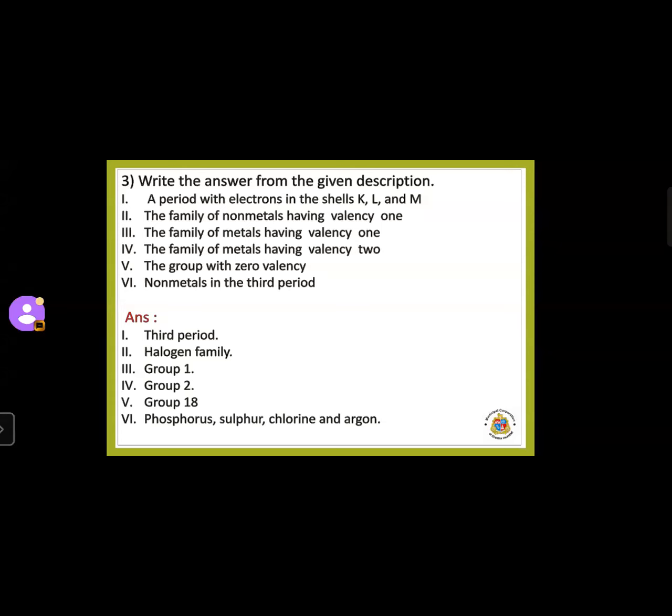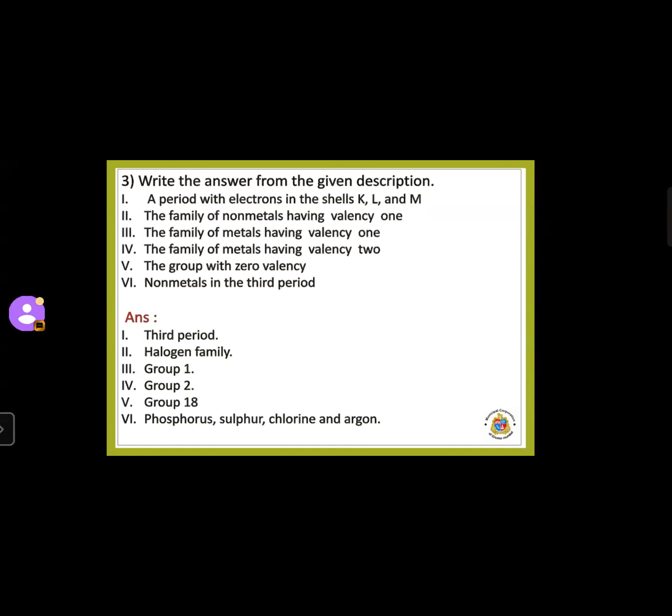So if the outermost shell consists of only one electron, means that is group 1. So metals, these are the S block elements. All metals having S block elements. So family of metal having only one valency, outermost shell consists of only one electron, so there is a group 1.